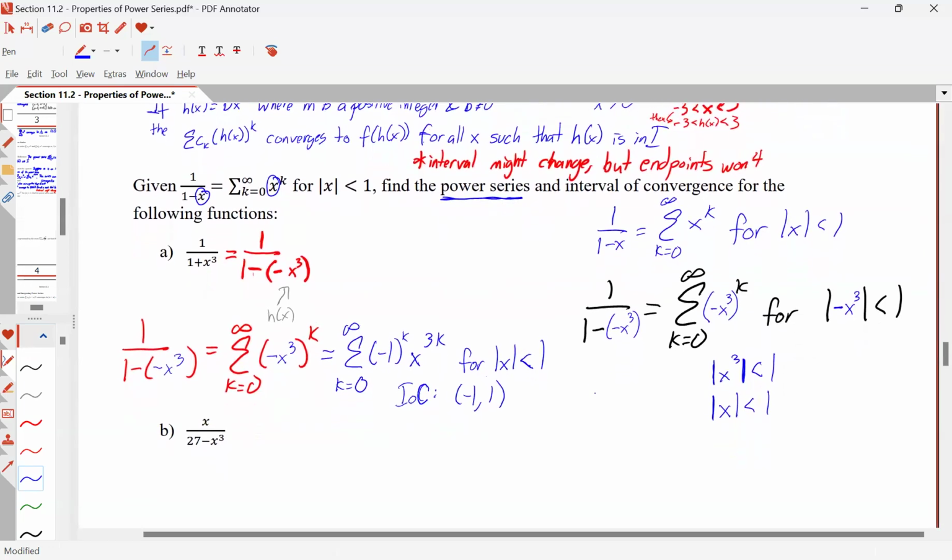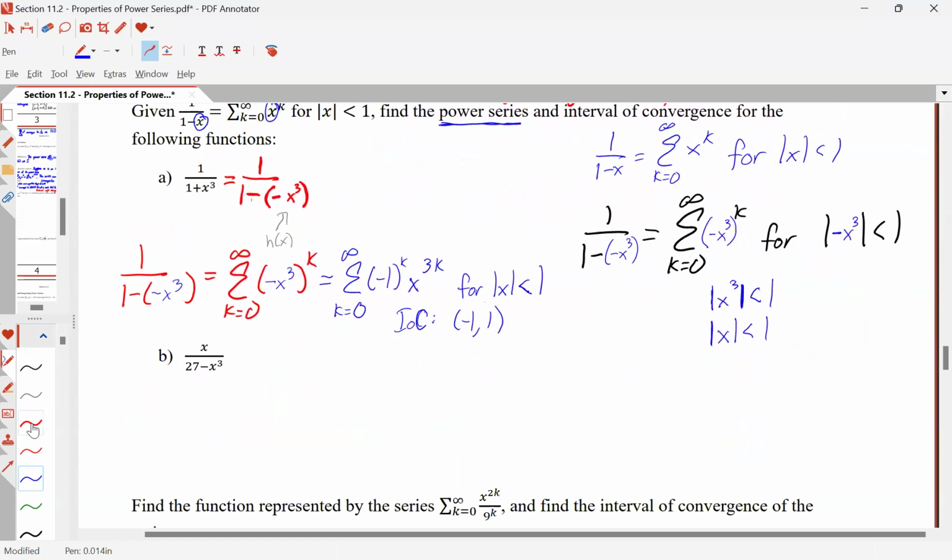We have x over 27 minus x cubed. Once again, we want to make this look like the series 1 over 1 minus x. So we ultimately want to get the form of a 1 over 1 minus something. That's going to take a little bit of work. First, getting the x out of that numerator and making it a 1, I'm going to factor x out.